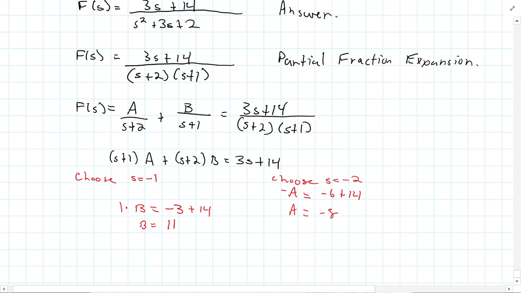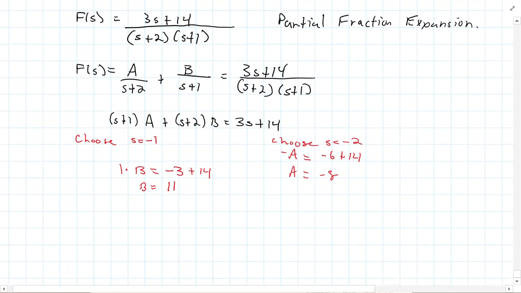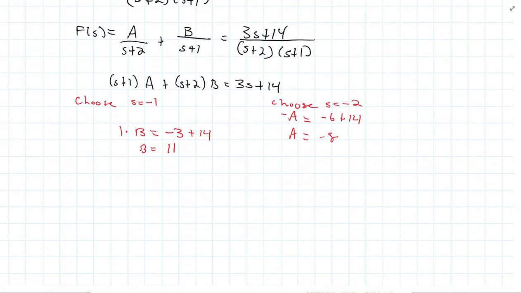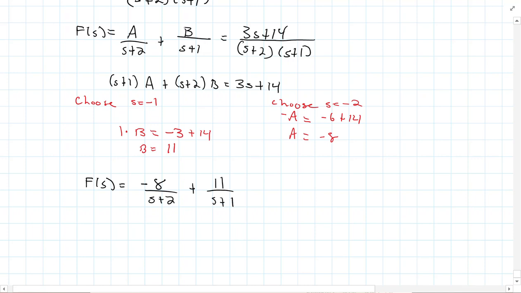So A would be -8. And so what I can write here is that F of s is equal to -8 over s plus 2 plus 11 over s plus 1.